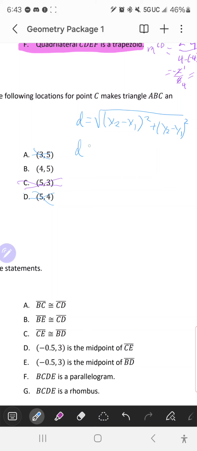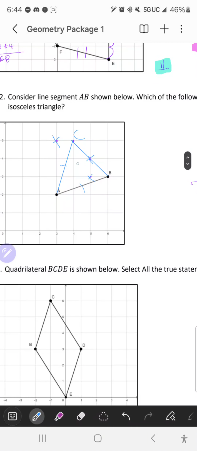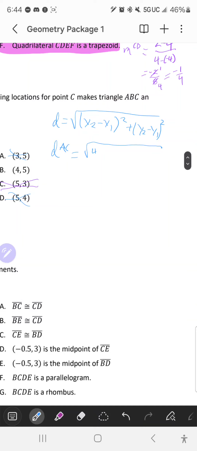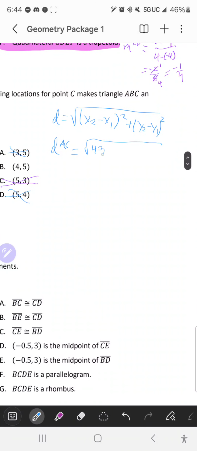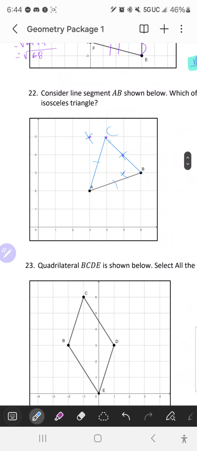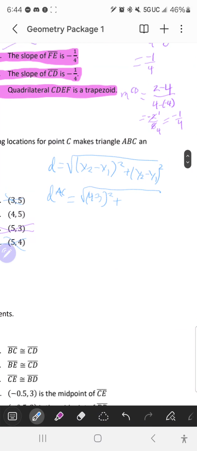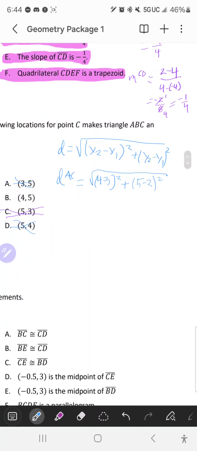And I got that the distance for AC is going to be equal to the square root of x2 is 4 minus 3 squared plus y2, 5 minus 2 squared.